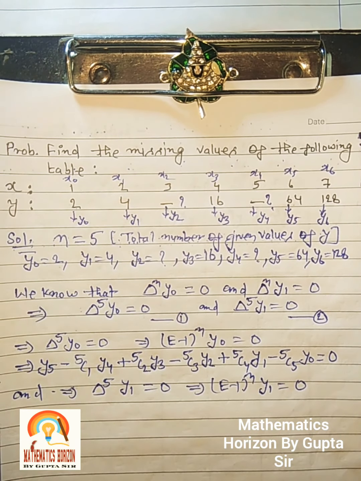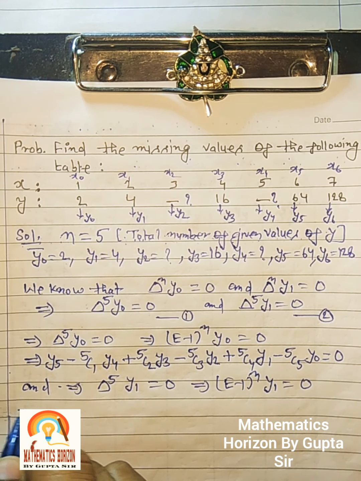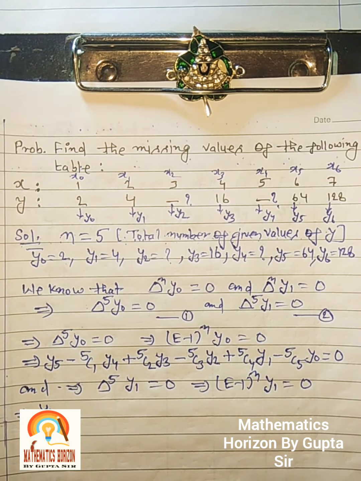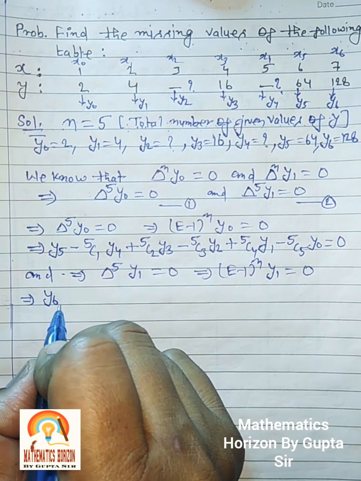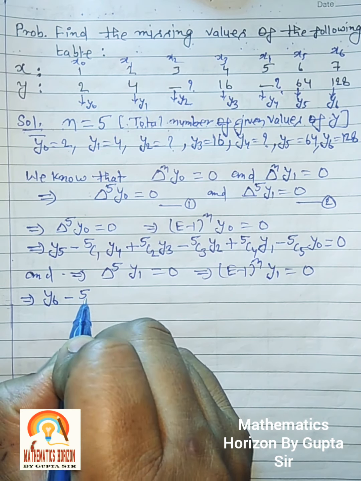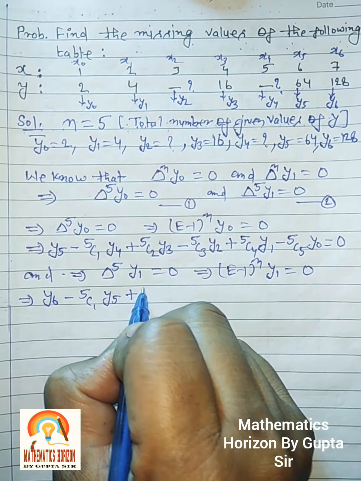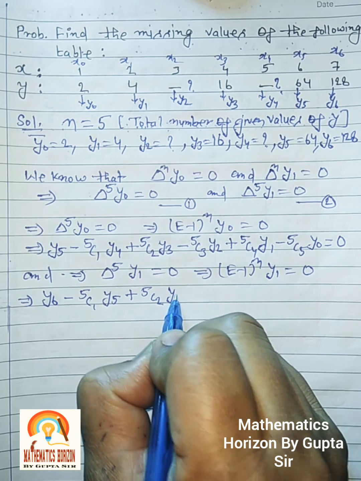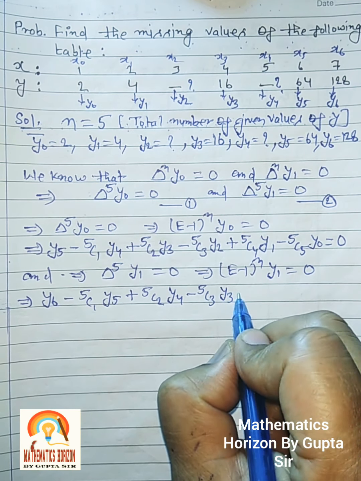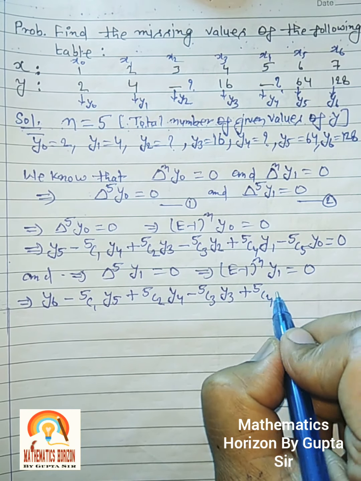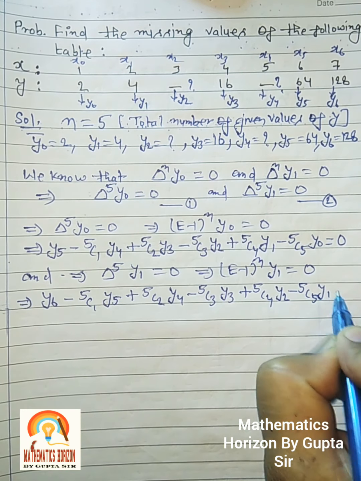Now, on solving, we get here y6 minus 5C1 y5 plus 5C2 y4 minus 5C3 y3 plus 5C4 y2 minus 5C5 y1 is equal to 0.